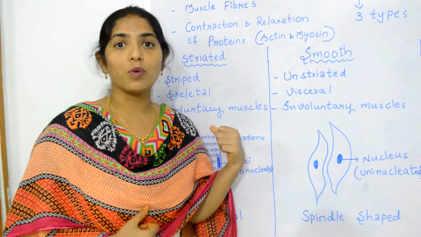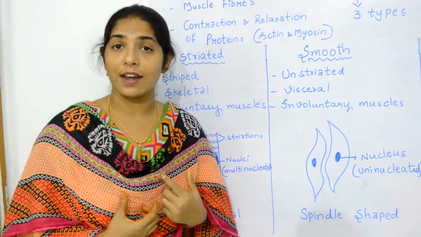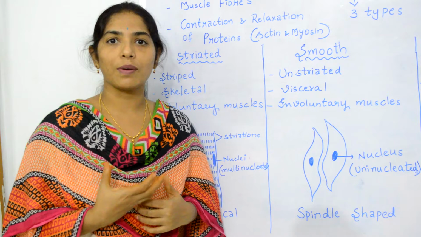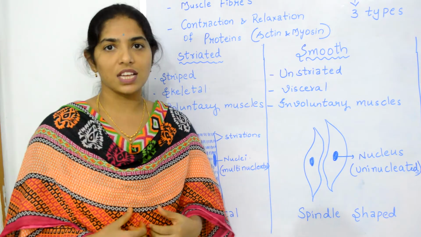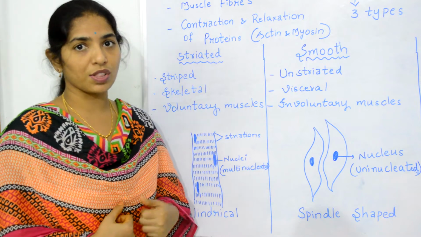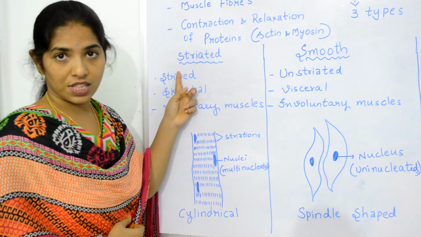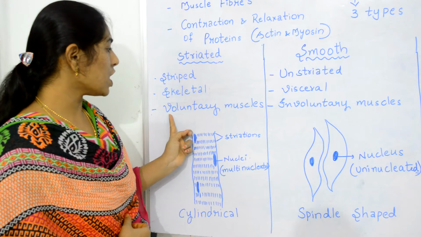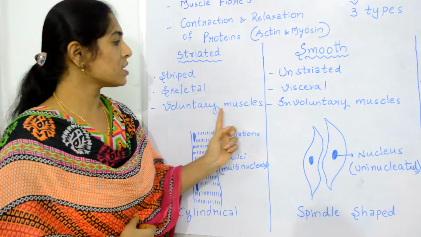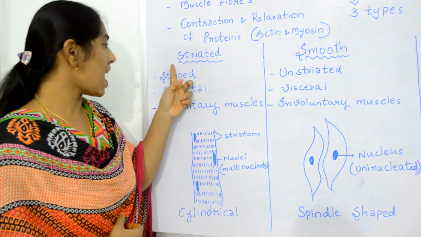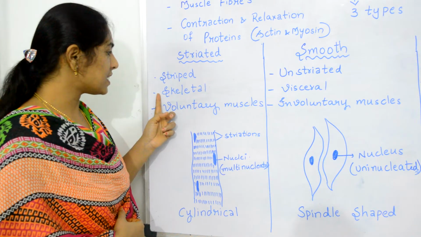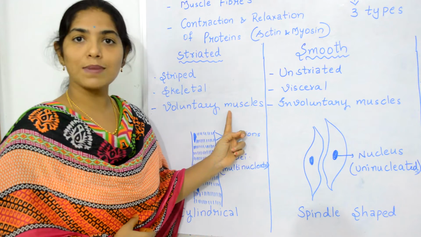That means they work according to our will and wish. Whenever you want to move any particular part of your body, this is possible because of striated muscles. That's why we are calling them voluntary muscles. So we call striated muscles striped, skeletal and voluntary muscles.